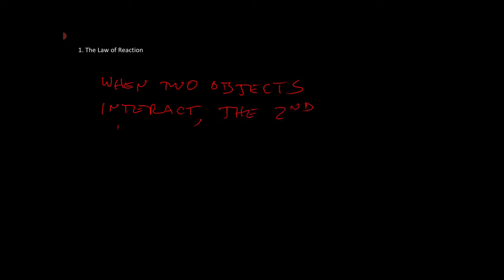The basis of all this is the law of reaction, and the law of reaction says that when two objects interact, the second object exerts just as much force as the first one on each other.